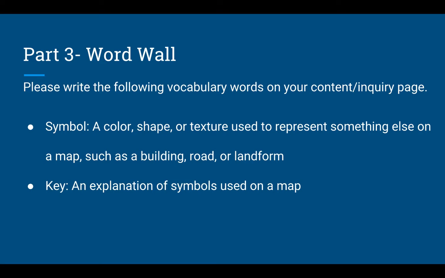Pause as needed to get these definitions written in. Symbol is a color, shape, or texture used to represent something else on a map, such as a building, road, or landform. And a key is an explanation of symbols used on a map.